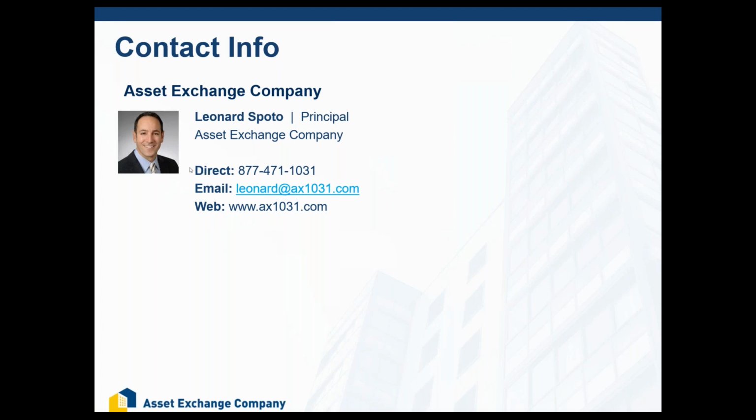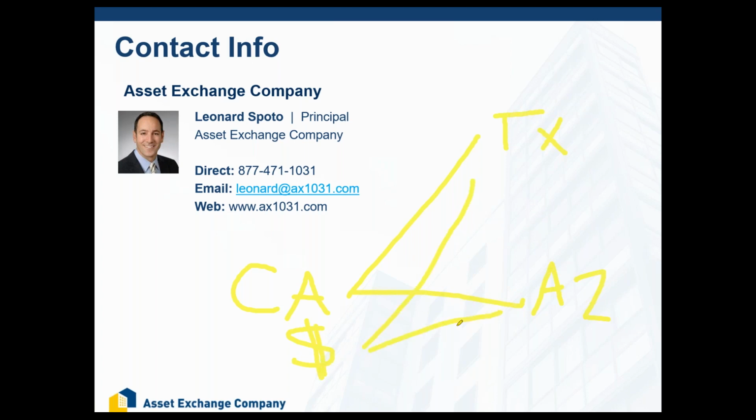I read that states like California are tracking 1031s when they roll out of the state. Is that true? Absolutely. So take a look here at the computer screen. You're going to do an exchange out of California, and you're going to go buy replacement property in Texas and Arizona. Guess what? You just took taxable money from California and you sent it out of state.